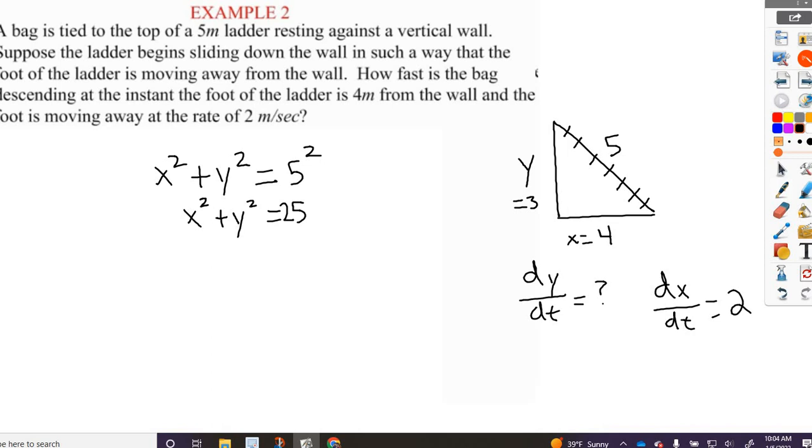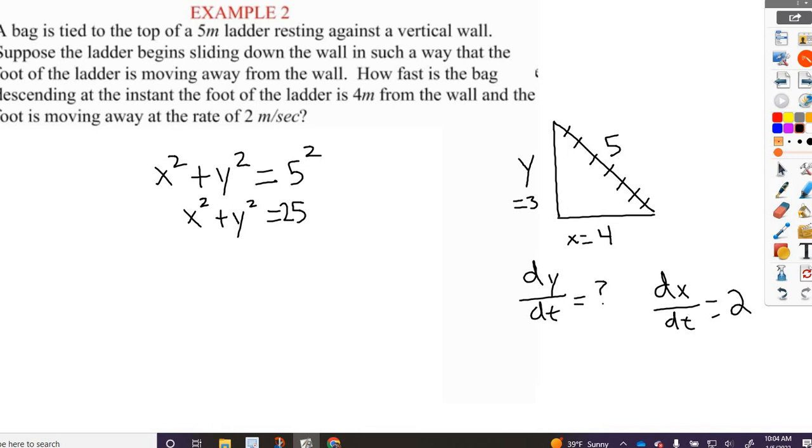So the derivative of 25 is going to be 0 because that part's not changing. That's why that part is a constant, and when I take the derivative of a constant, it's going to be 0. My other two are getting shorter or longer, so we do need to know how they're changing.